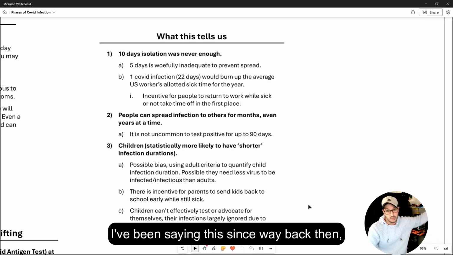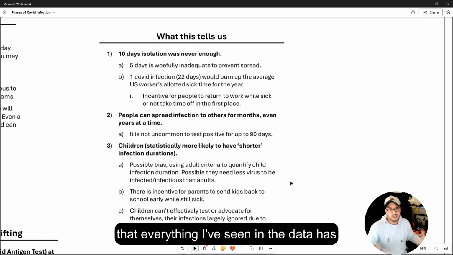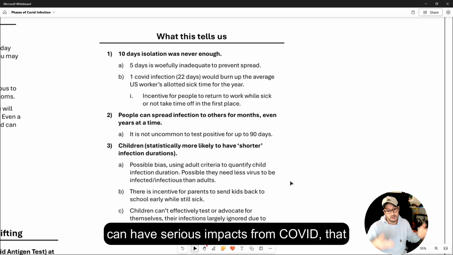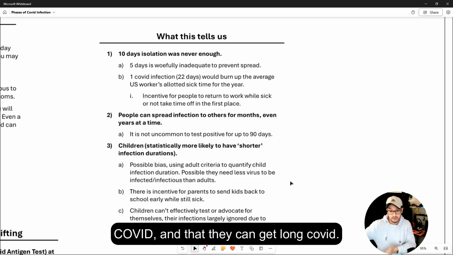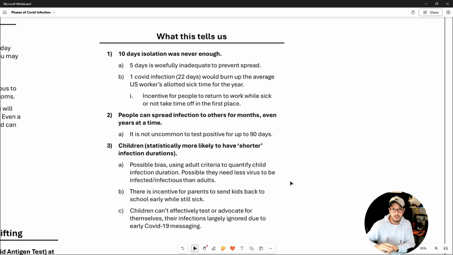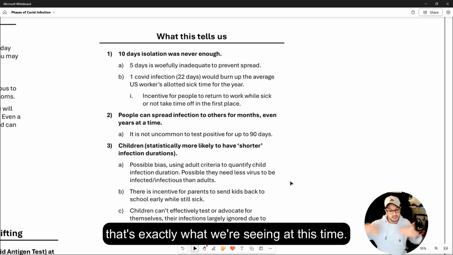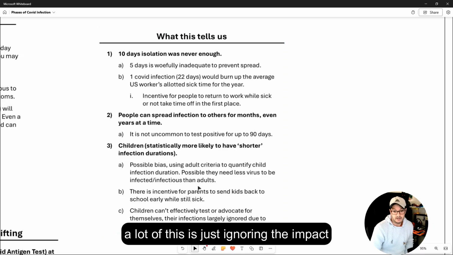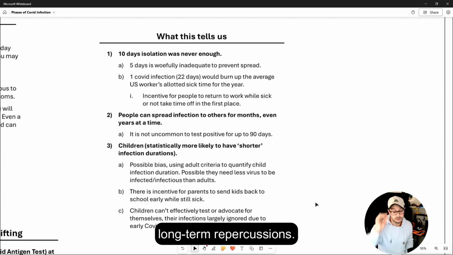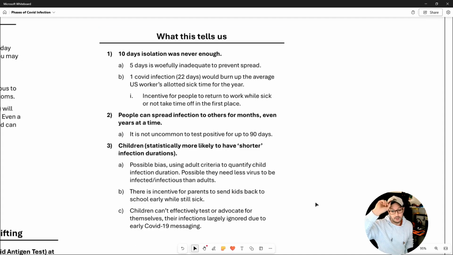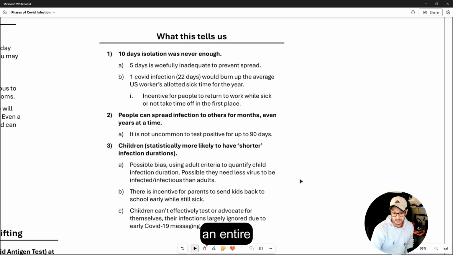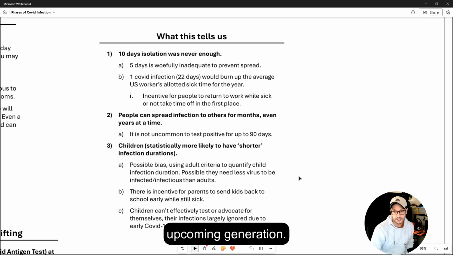I've been saying this since way back then, that everything I've seen in the data has shown that children can have serious impacts from COVID, that they can have chronic disabilities from COVID, and that they can get long COVID at probably similar rates to adults. And that's exactly what we're seeing at this time. So a lot of this is just ignoring the impact on children, which is going to have long-term repercussions on our population at large when we have effectively massively disabled an entire upcoming generation.